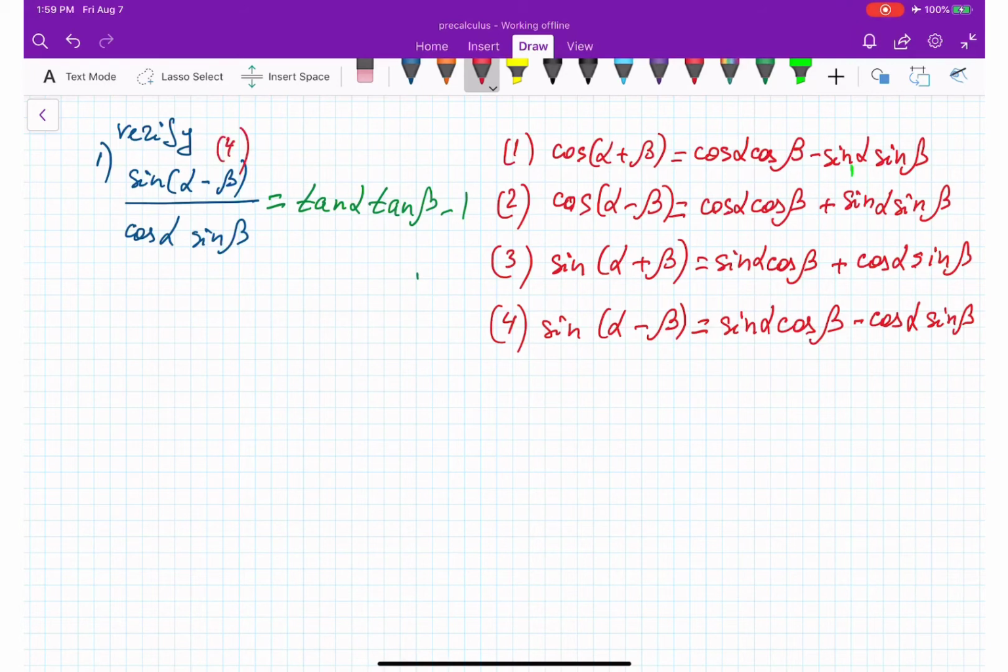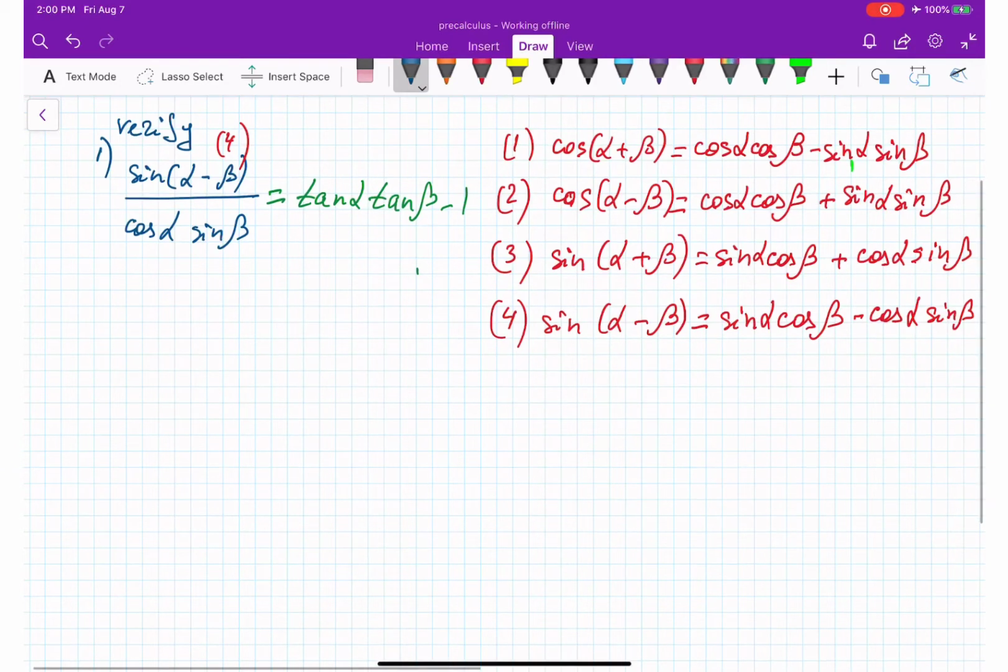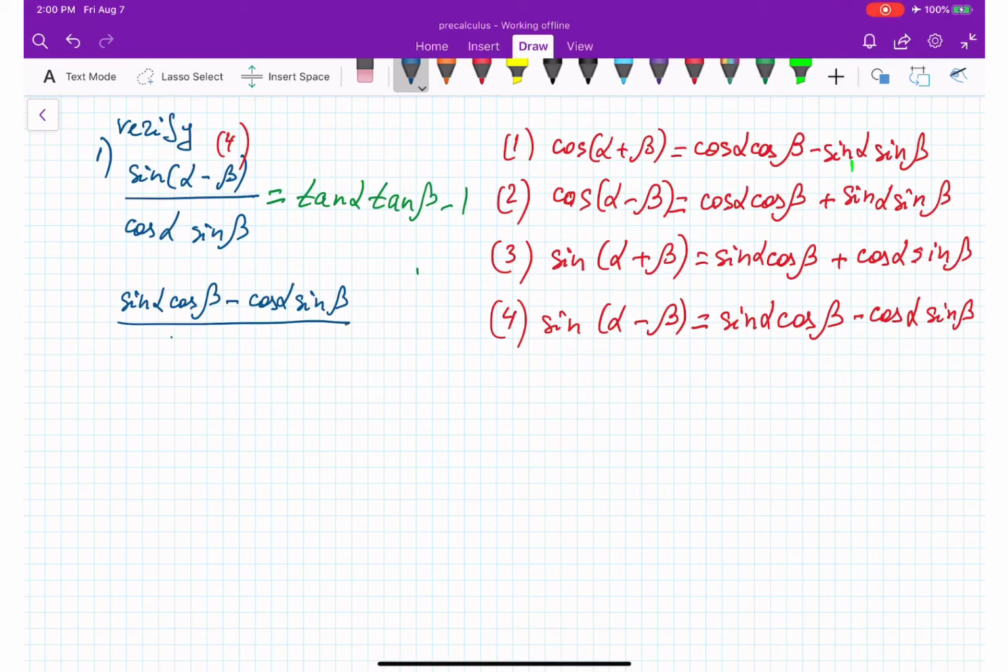Okay, so let's open it up. We are going to get sine alpha cosine beta minus cosine alpha sine beta over cosine alpha sine beta. All right, let's solve it.